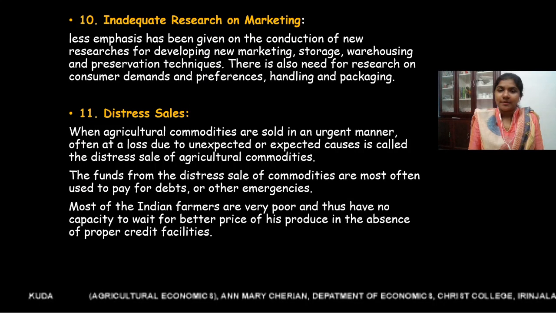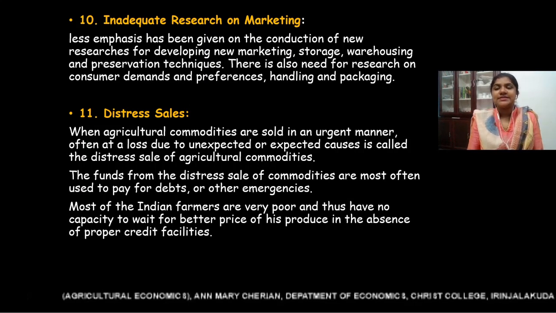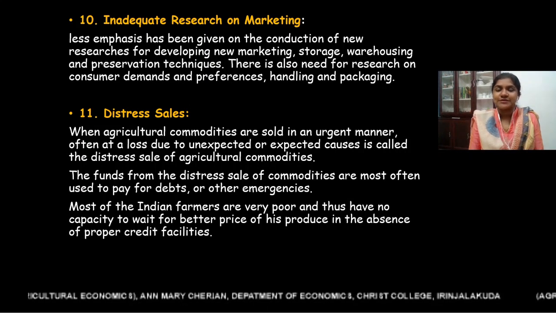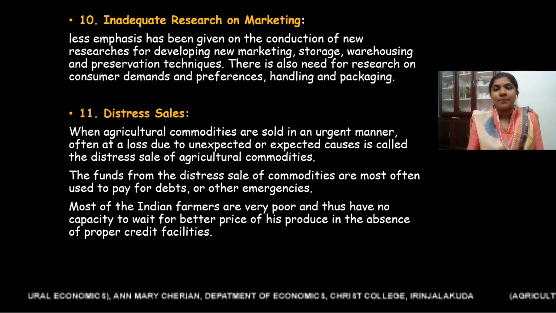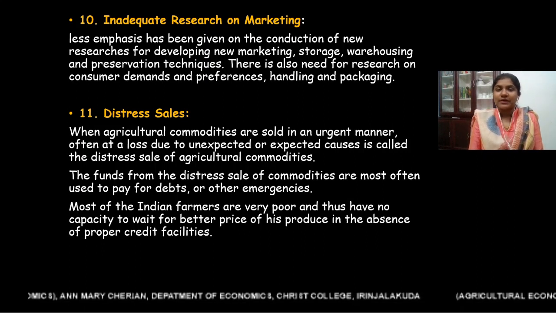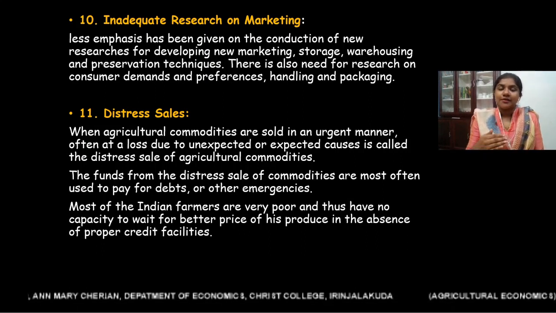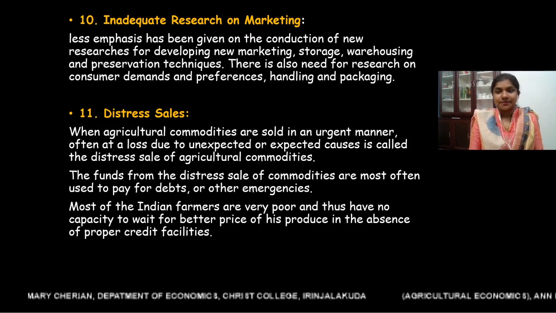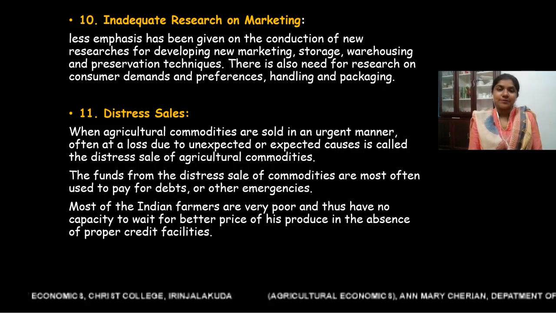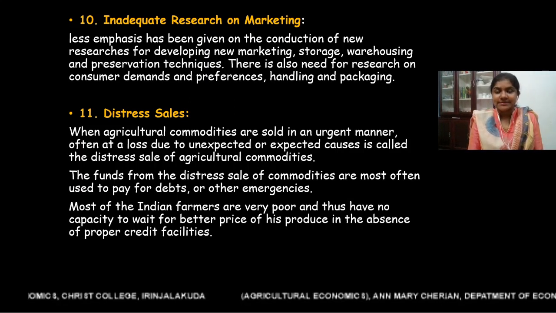Most of the Indian farmers are very poor, and thus they don't have the capability or capacity to wait for better prices for their produce in the absence of proper credit facilities. So, due to lack of proper credit facilities, the farmers go for distress sale, and this distress sale is yet another important unsolved problem faced by the Indian agricultural marketing system.